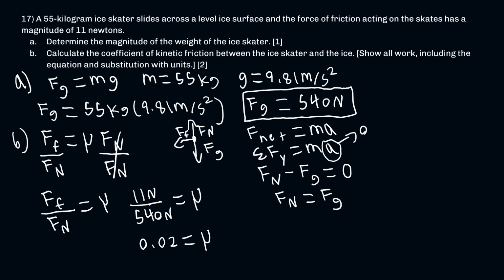You have newtons over newtons, so those will end up canceling out. Your units cancel. You end up with a unitless quantity for the coefficient of friction. So that's your second point. The 0.02 equals mu. So again, 1 point here is just writing out the equation, then substituting into the equation, and then the answer is your second point.